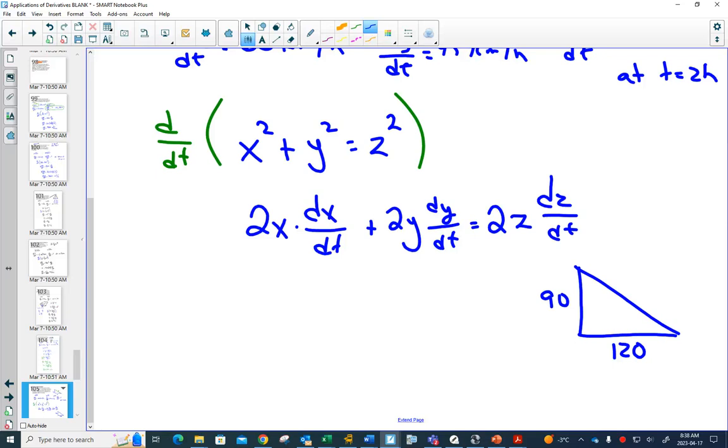Anybody know any mental math tricks for doing a squared plus b squared equals c squared on this one? Without doing 90 squared plus 120 squared equals 40,000 and then square rooting that and getting 200? No? So, often in questions, the 3, 4, 5 triangle is hidden.